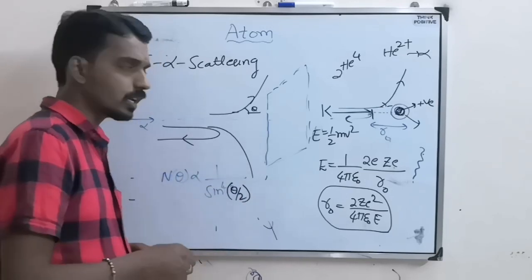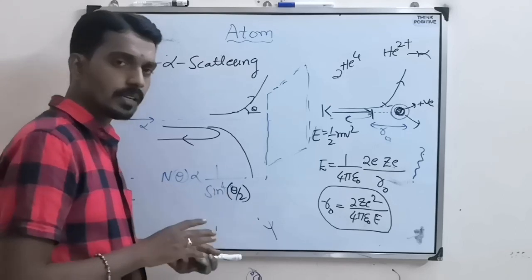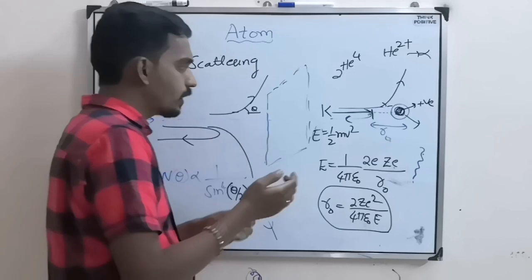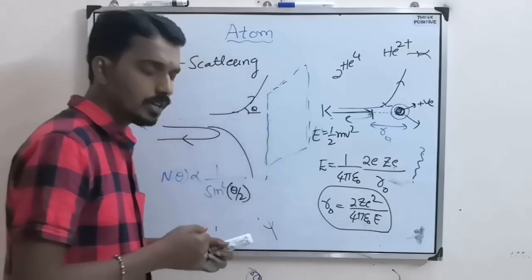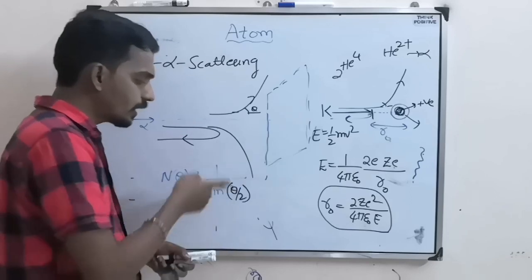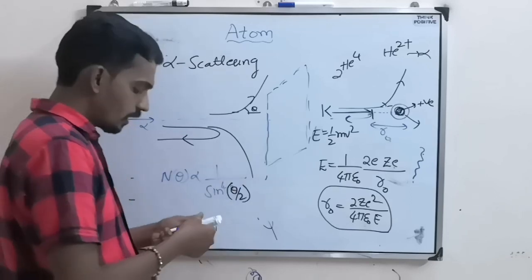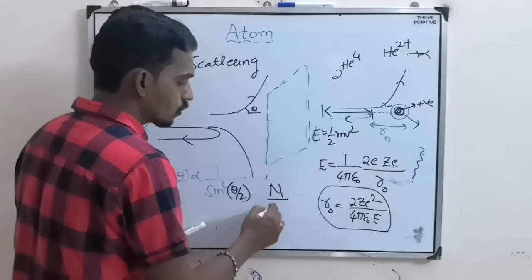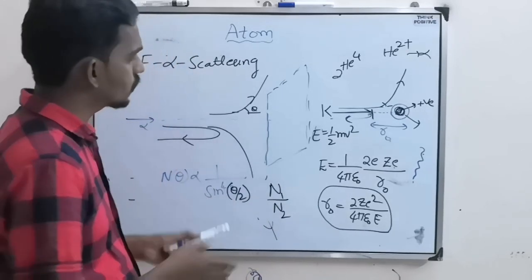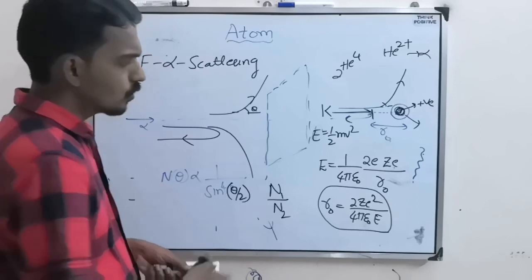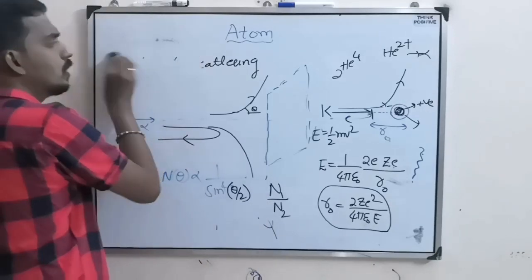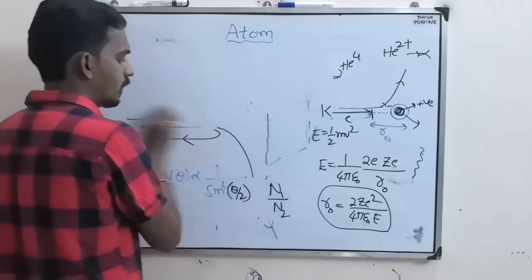They may ask a question like, if n1 is the number of particles deviated at an angle theta 1 and n2 is the number of alpha particles deviated at an angle theta 2, find the ratio of n1 and n2. So these are the two questions usually they can ask based on Rutherford alpha scattering.